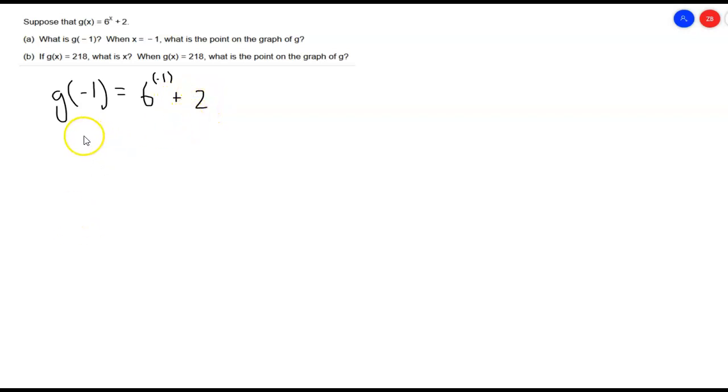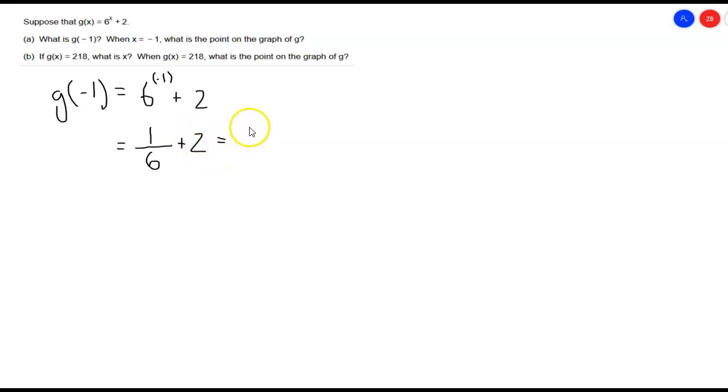Now we have a rule for negative exponents: if we have a negative exponent, we take the base, whatever base that exponent is applying to, which in this case is just the 6, and put it on the other side of the quotient line. So we can pull it down to the bottom, and we have to leave a 1 on top. So that's 1 over 6 plus 2.